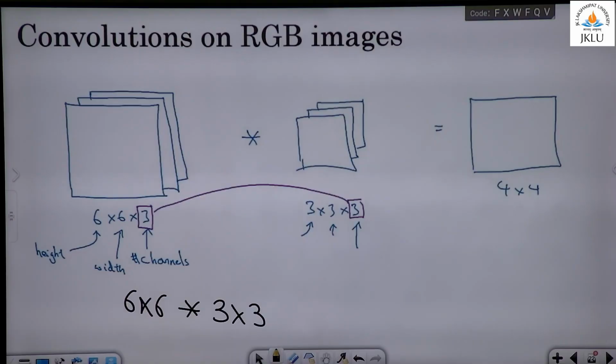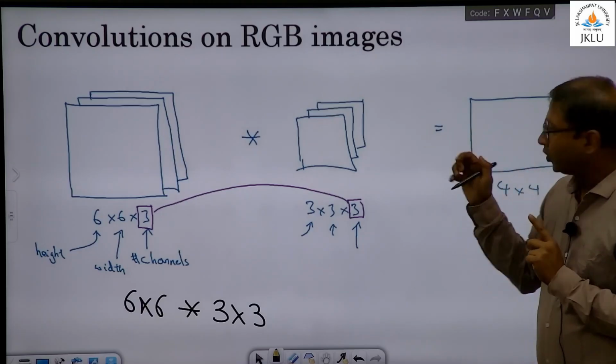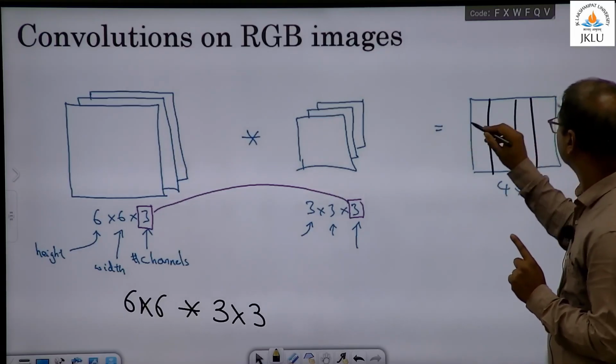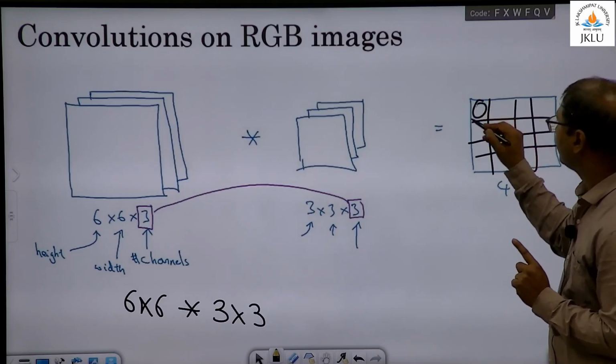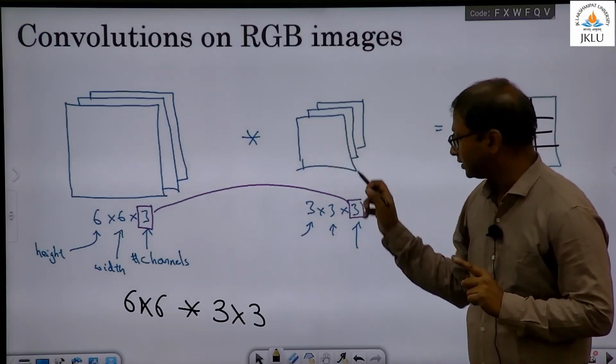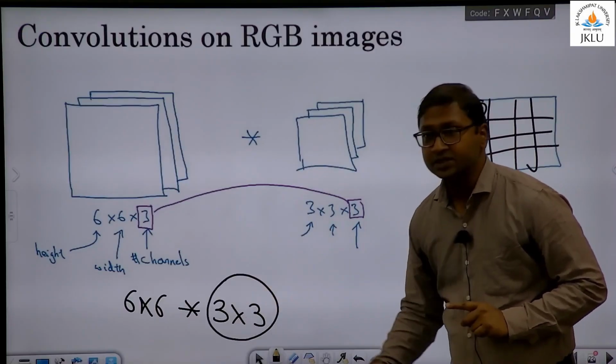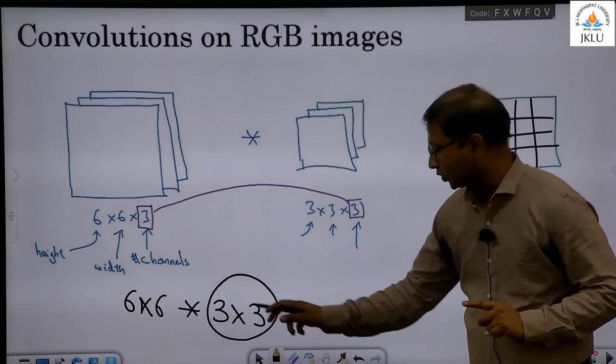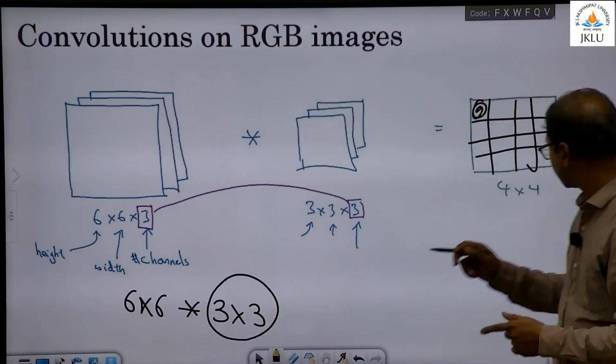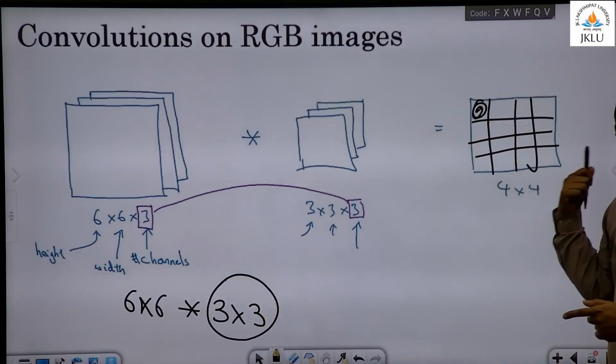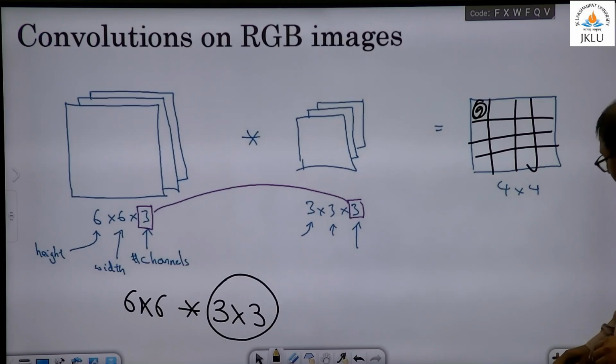Think once, is this number okay with you? Output size is 4 cross 4. For every number I have multiplied these many numbers, so it is basically f cross the output size. As simple as that.